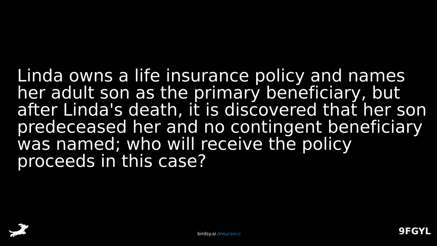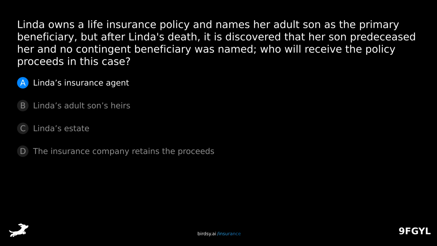Linda owns a life insurance policy and names her adult son as the primary beneficiary. But after Linda's death, it is discovered that her son predeceased her and no contingent beneficiary was named. Who will receive the policy proceeds in this case? Is it A, Linda's insurance agent? B, Linda's adult son's heirs?